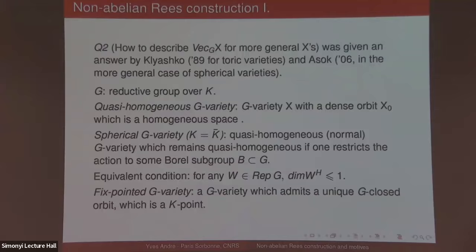I should have written that the homogeneous space is G over H. There was an X0 in the definition of quasi-homogeneous. This is a partial compactification of a homogeneous space X0, and X0 is G over H, because K is algebraically closed. H is the stabilizer of the point.